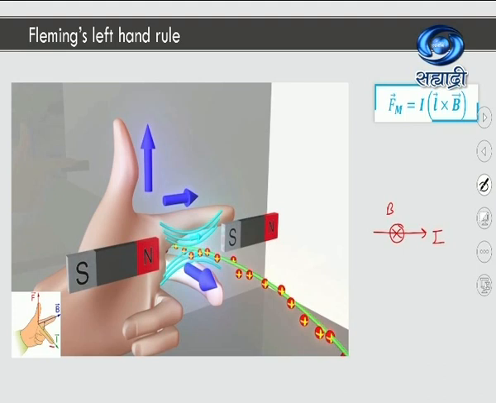So hold your middle finger. This is your middle finger which is in the direction of current. This should be the direction of B. Then don't you think this is the direction of magnetic force F, or can I say Fm? Yes, this is how one can find out the direction of force acting on current carrying wires when they are kept in external magnetic fields.